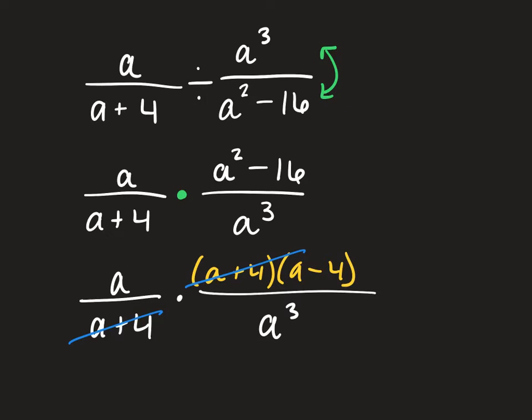Going the other diagonal, we can take out an a. So we can cancel out this a, which would leave us with a squared on the bottom. So then our final answer would be a minus 4 over a squared. And that's as far as you can go.